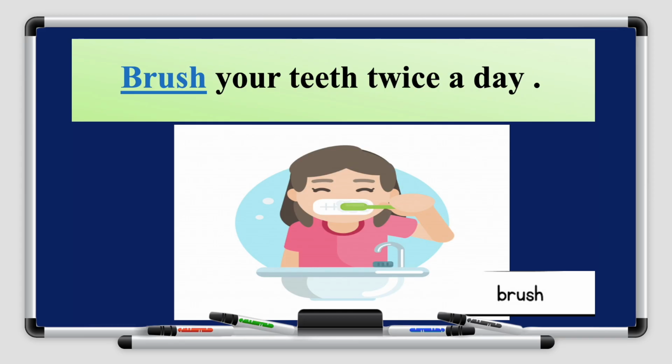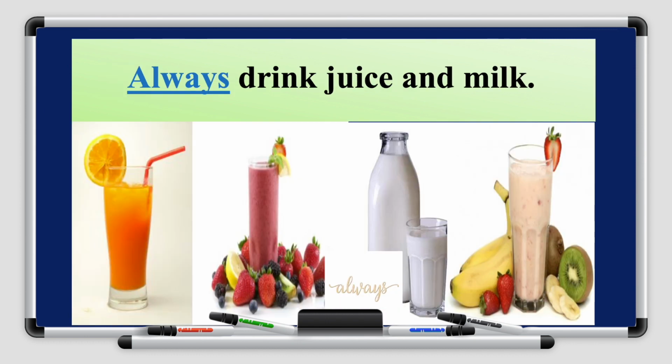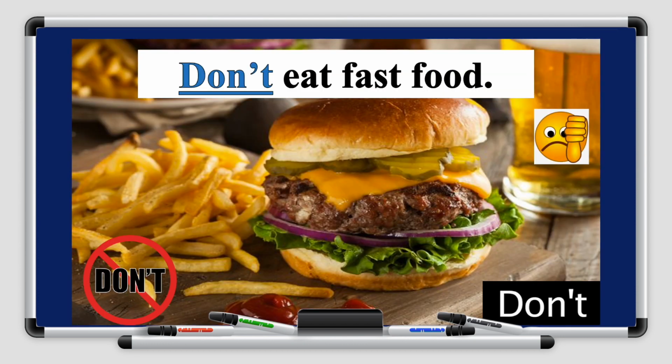We can say don't use a lot of water. We can say stop using a lot of water. Brush your teeth twice a day. Also an order. Never drink fizzy drinks. Always drink juice and milk. Don't eat fast food.